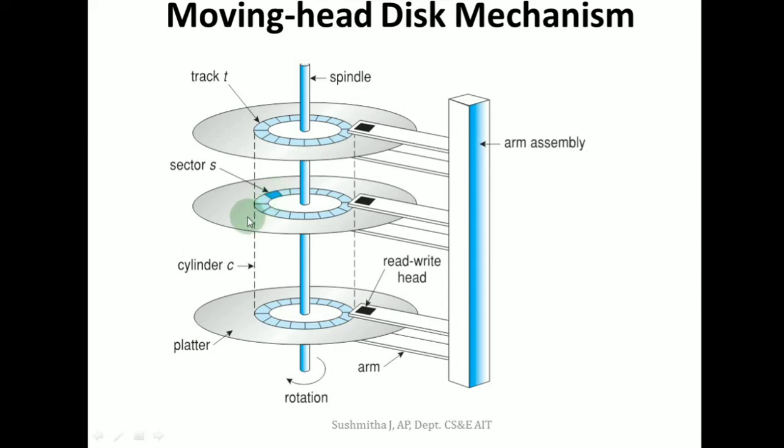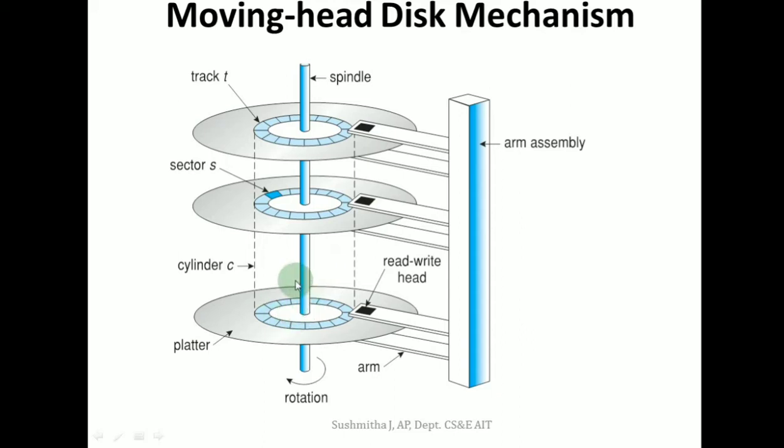You will have multiple tracks that come until the end, all divided into sectors, and the set of tracks at one arm position makes a cylinder. You can see here all the tracks at this position, that is your cylinder. There may be thousands of concentric cylinders in a disk drive, and each track may contain hundreds of sectors.